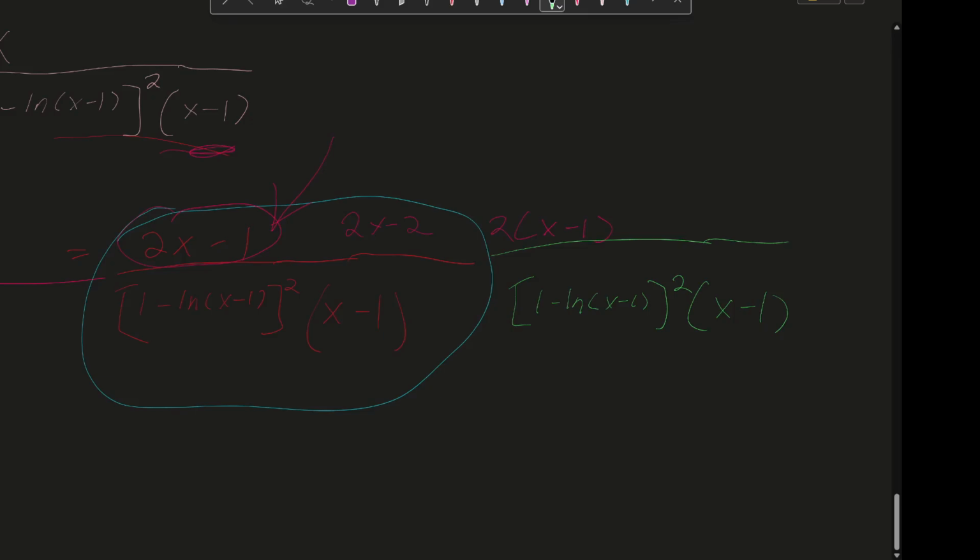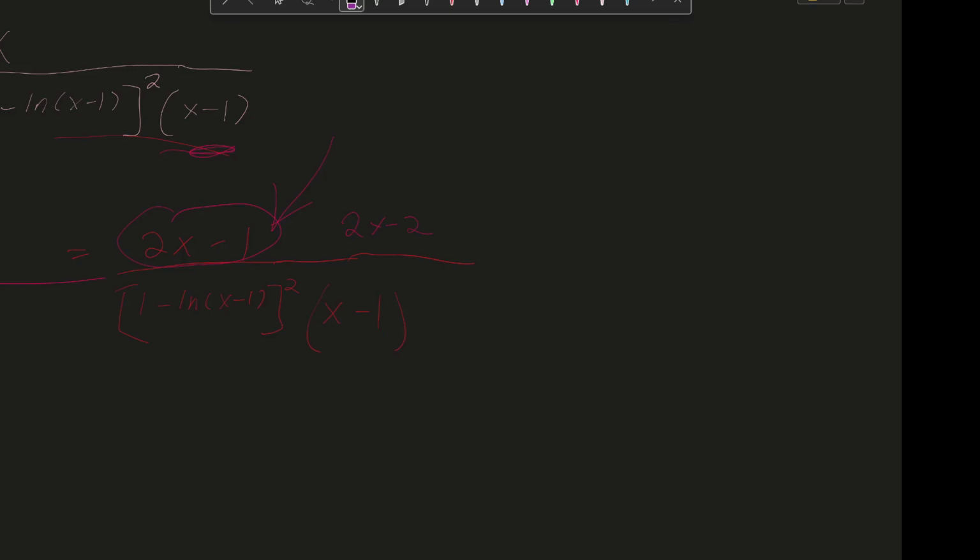So when you don't have addition or subtraction outside of the brackets and you just have two things multiplied by each other in a fraction, then if they were the same, you could just cancel out those x minus 1s. However, in this case, that was not the case.